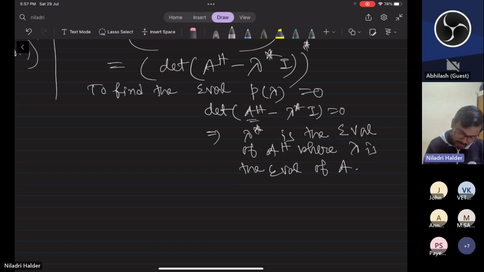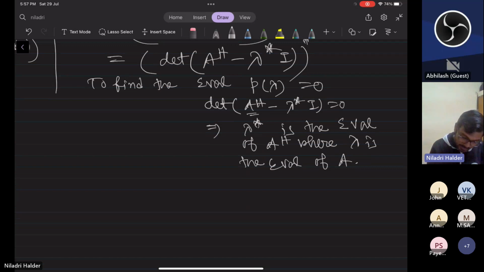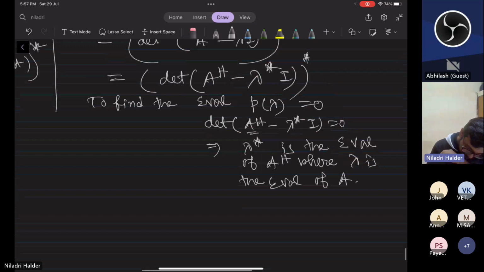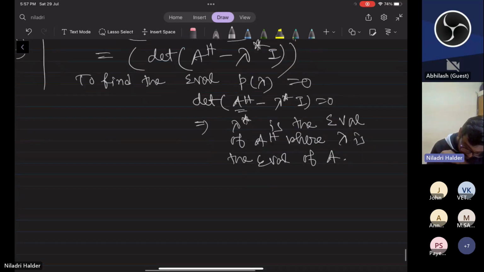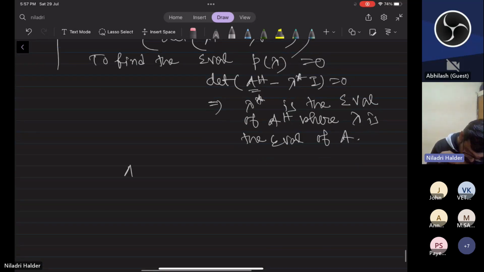Since A Hermitian equals A, lambda star should also be lambda. That means lambda is real.